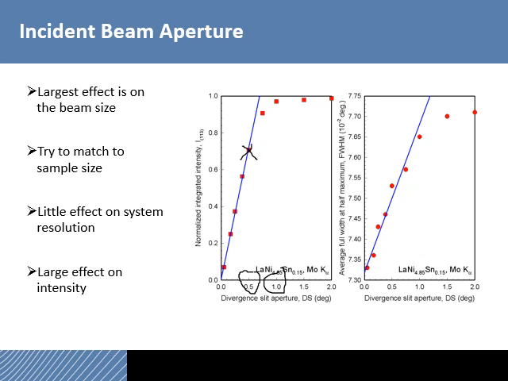So once again, the 1/2 degree range puts you at a full width half max of about 0.07 to 0.08 degrees. Not a significant effect. And that's the point on the left where it says little effect on system resolution. But this is what the divergent beam or incident beam aperture does.